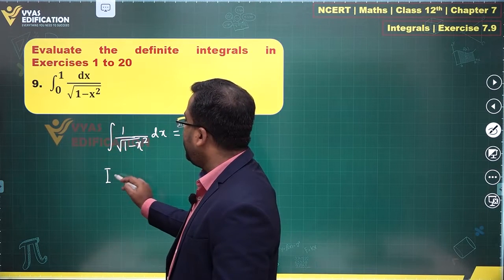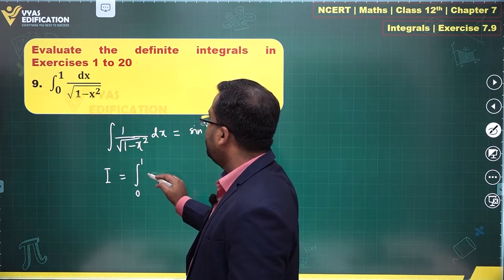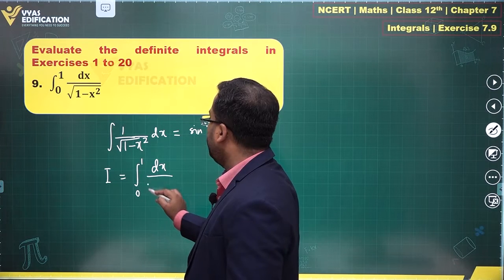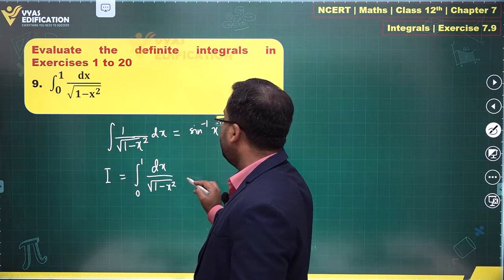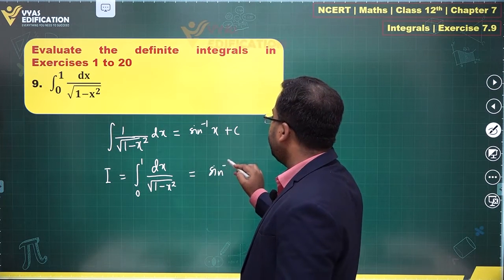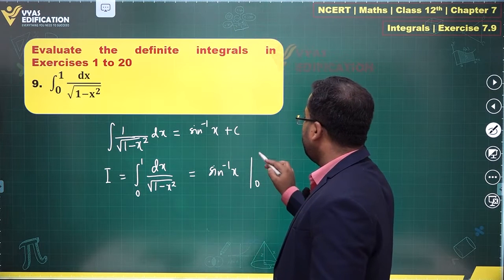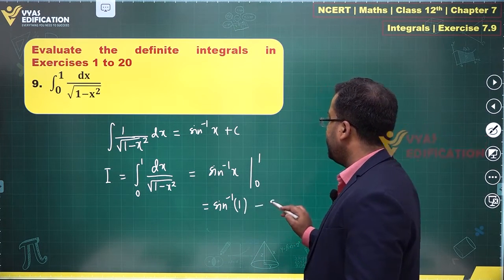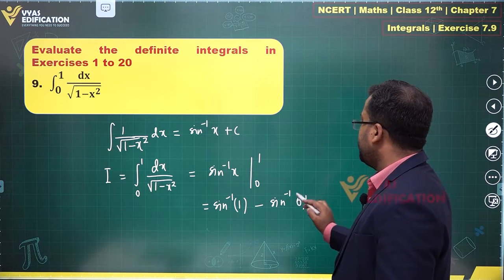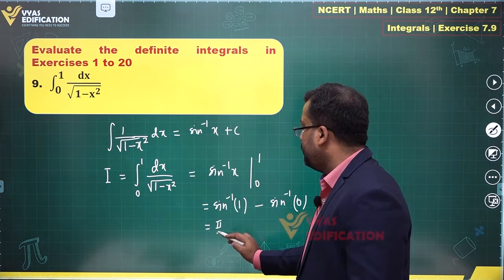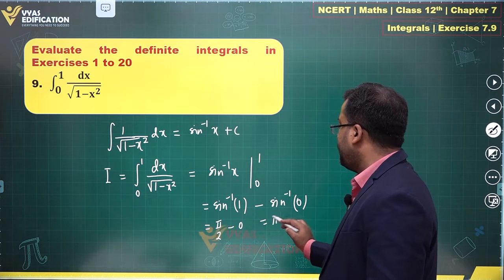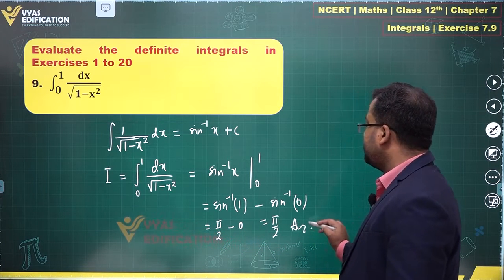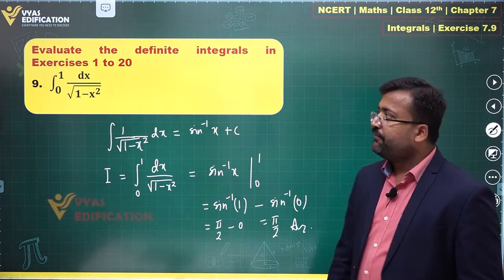So I, which is integral 0 to 1 dx upon root of 1 minus x square, will be equal to sine inverse x from 0 to 1, which is sine inverse 1 minus sine inverse 0. Now sine inverse 1 is pi by 2 and sine inverse 0 is 0. This is equal to pi by 2. That's my correct answer for this particular question, 9th.